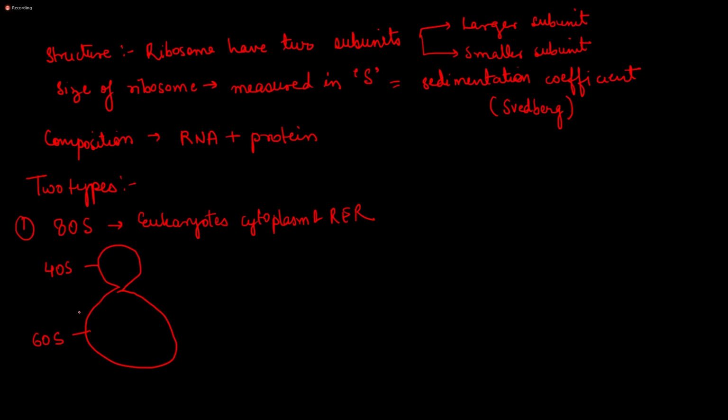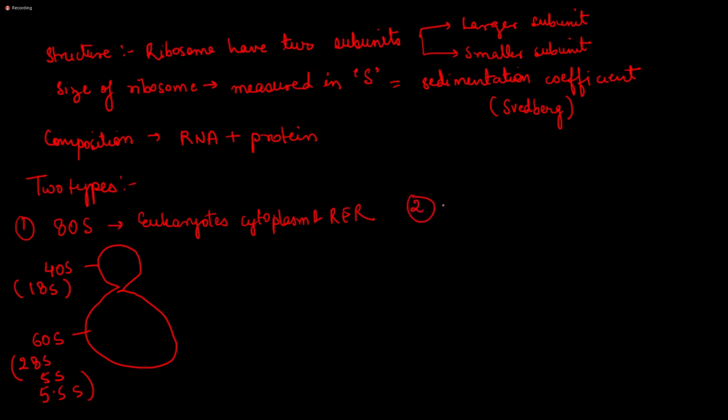The smaller unit comprises one more subunit, 18S, and the 60S further comprises three subunits: 28S, 5S, and 5.8S. These are present in the eukaryotic cytoplasm and rough endoplasmic reticulum.